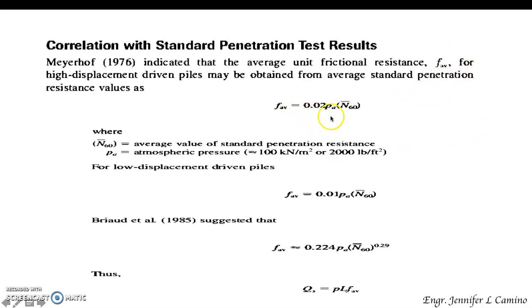Using this equation, our N sub 60 refers to the average value of the standard penetration resistance, and we have our atmospheric pressure P sub A. For low displacement driven pile, you have this equation, and according to Briaud and his company, the unit frictional resistance F sub AB is approximately equal to this equation, and therefore our skin friction or frictional resistance is equal to P perimeter times the length times our unit frictional resistance.